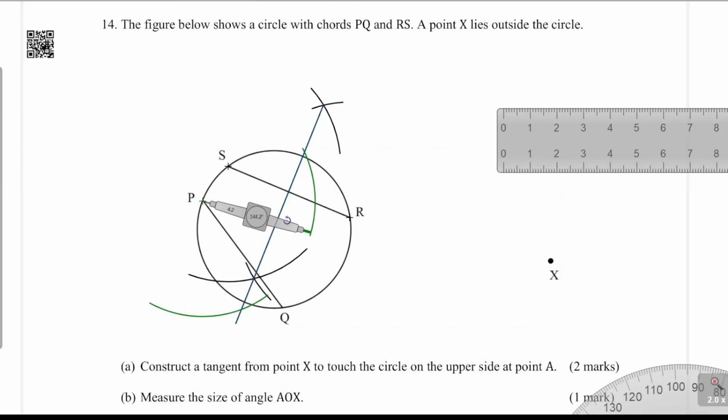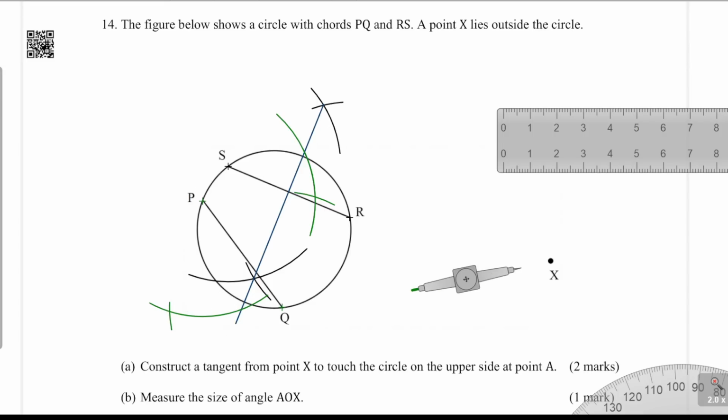So let me make this arc a little bit bigger. So mark that arc. So again, standing at Q, you cut that arc, and also you cut this arc here.